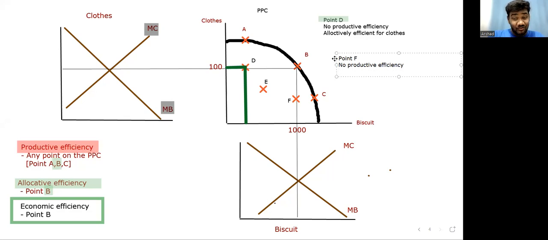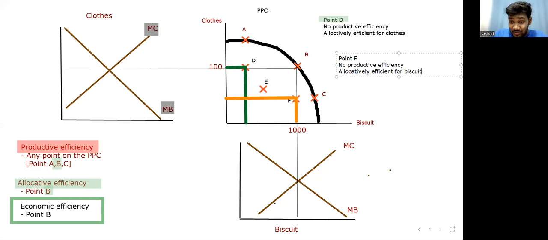Allocatively efficient, okay, for which good? Now at point F, how much are you producing? You're producing, let's say, this much of clothes and this much of biscuits. That's point F. It's allocatively efficient for biscuits, right?